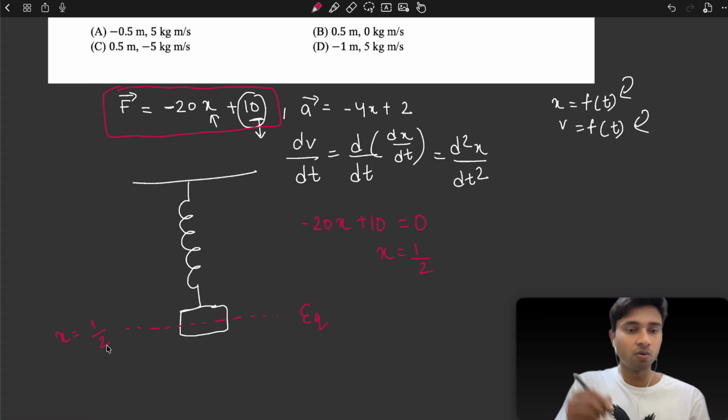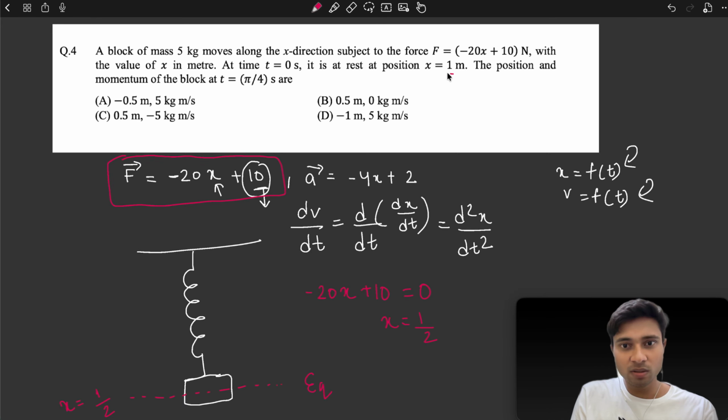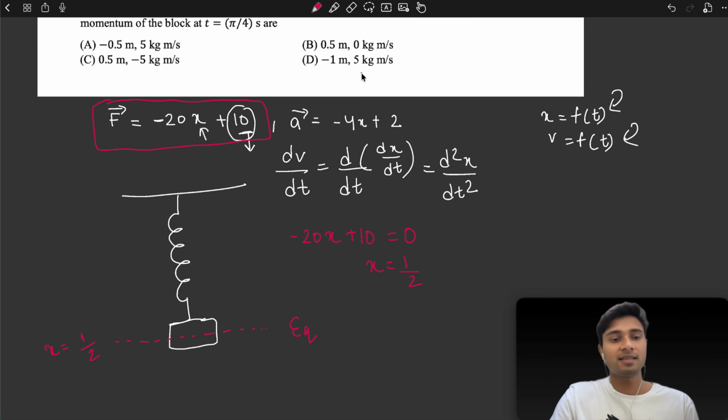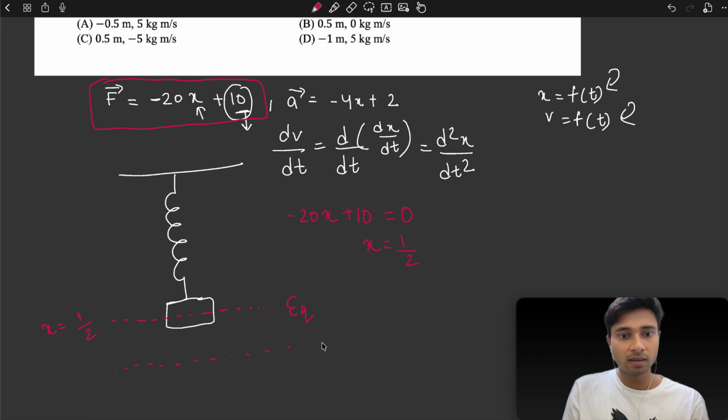Also, something was given: at x equals 1 it was at rest. So x equals 1 by 2 is this, and x equals 1 will be this, and it is at rest.